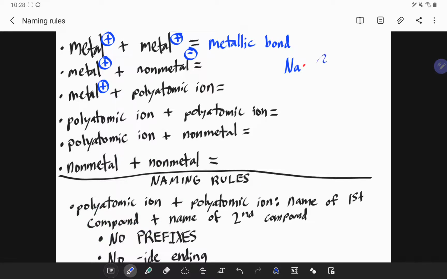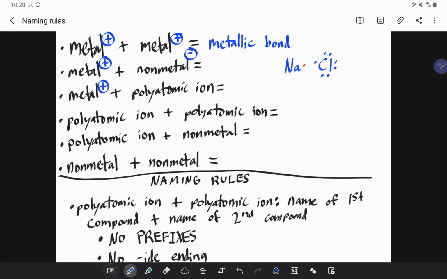And then we have chlorine here, and chlorine has 7 valence electrons. Chlorine really wants to get to 8 valence electrons. So does sodium. So it's easiest for chlorine to gain 1 electron, and it's easiest for sodium to lose 1 electron to get to 8 valence electrons.